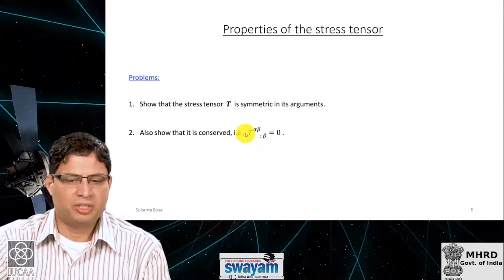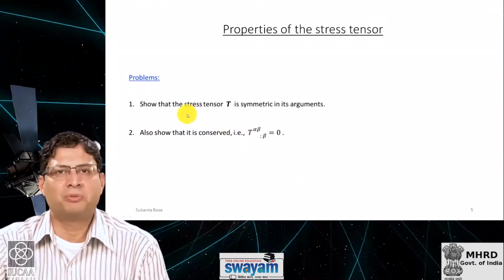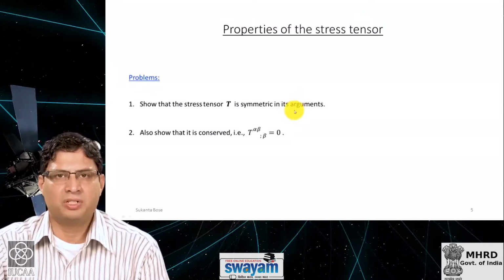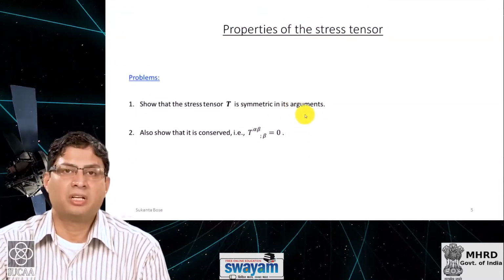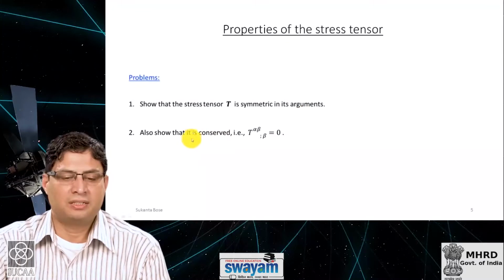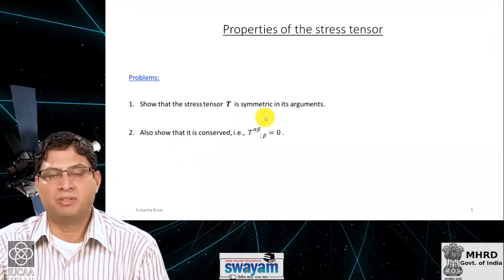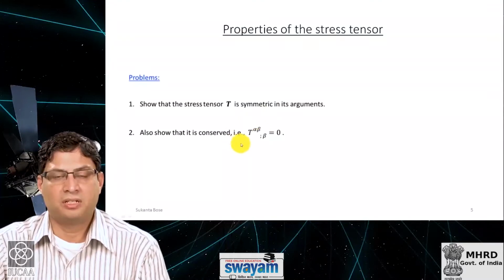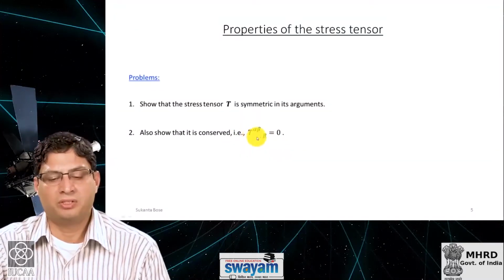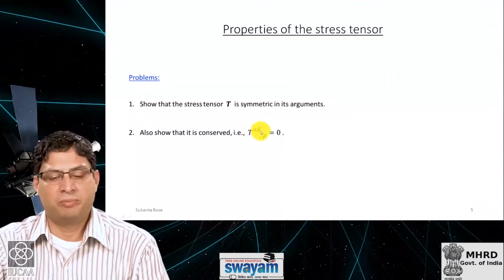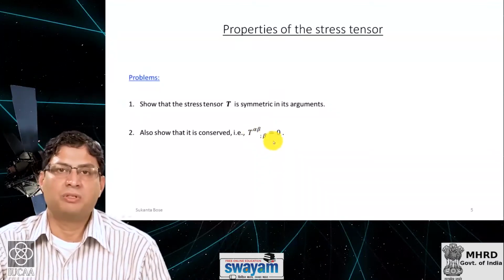So, I already gave you an assignment when I asked you to prove that the stress tensor is symmetric under the interchange of its two arguments. The second thing I would ask you to prove is that this tensor is conserved, namely it is divergence free. Stated in a different way, in component form, it is that the covariant derivative of T alpha beta with beta contracted is equal to 0.